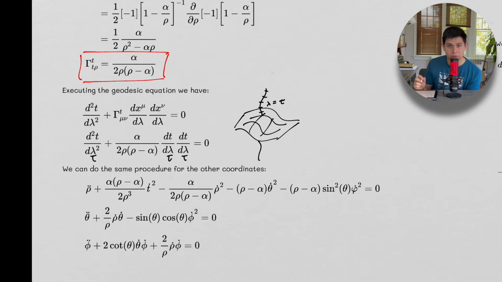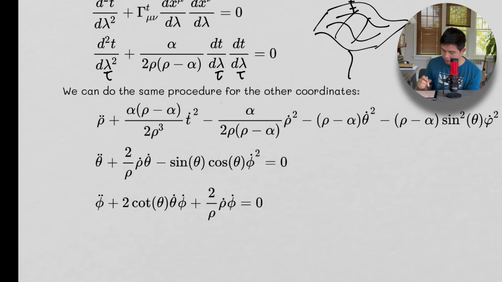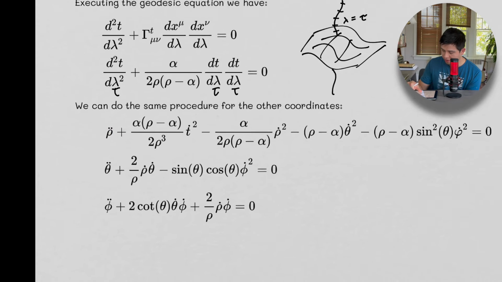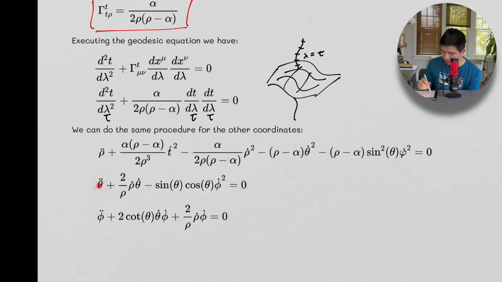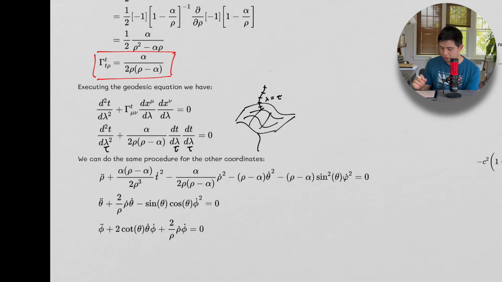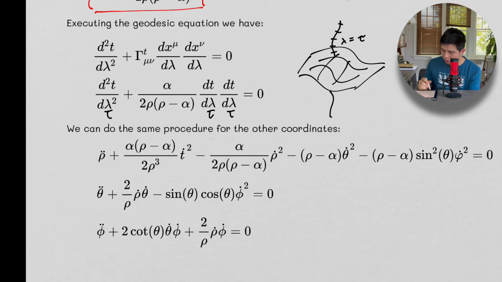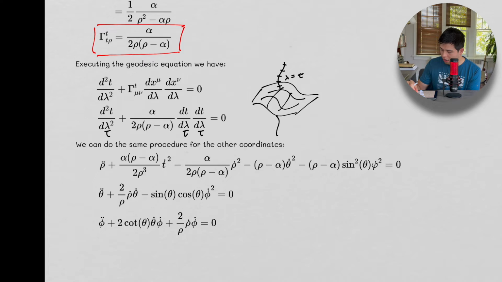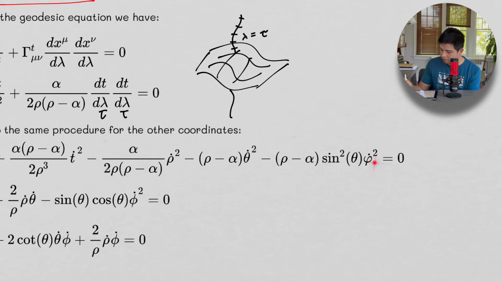And notice they're coupled differential equations, because here we have theta, and here we have theta and theta. So these are all coupled with each other, and that's important, because these are all variables that depend on each other. Okay, and that's something to note. So rho is dependent on theta, it's dependent on phi.